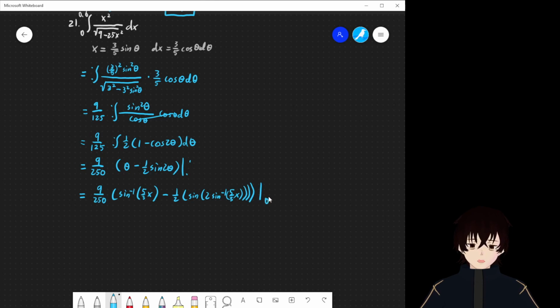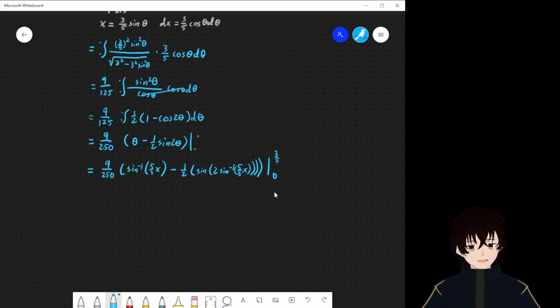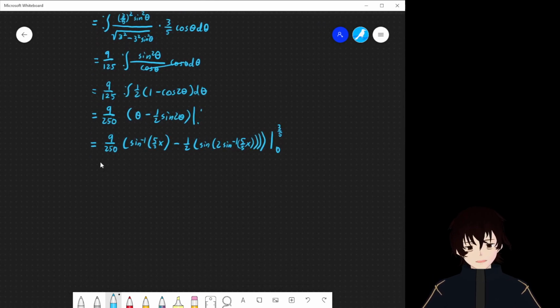Now we go from 0 to 0.6, which is 3 over 5. How convenient, we have a 5 over 3 in our parentheses. That's 9 over 250 of pi over 2, because arcsine of 1 is pi over 2, minus, yeah, arcsine of 1 is pi over 2 times 2, that's pi.